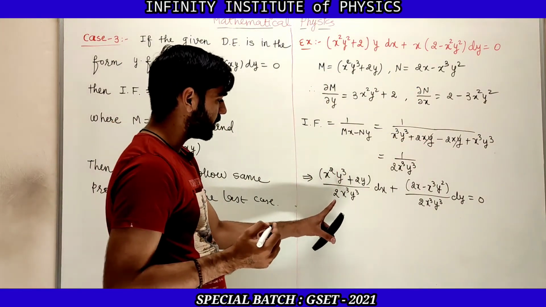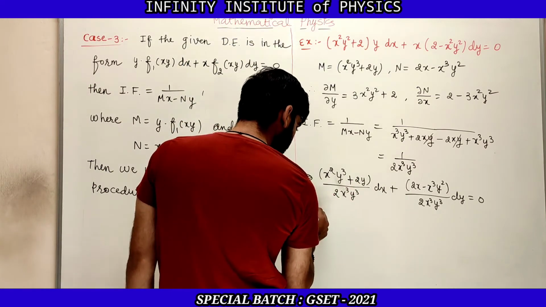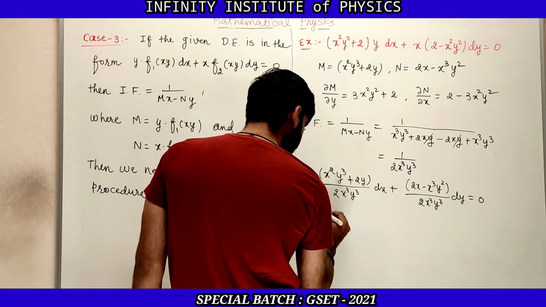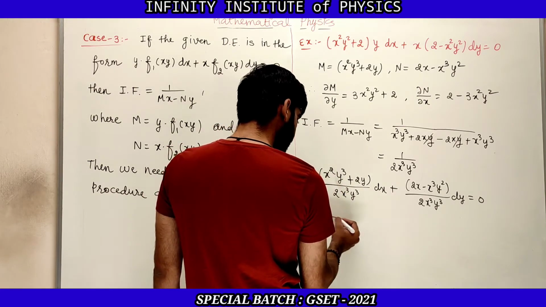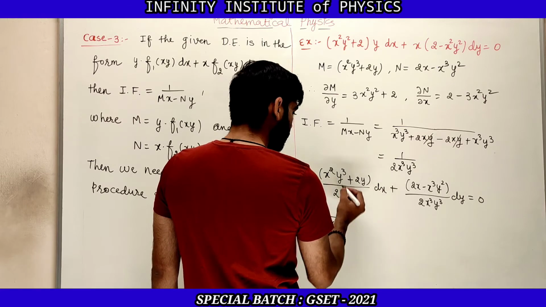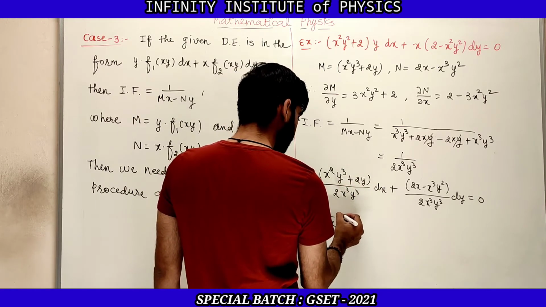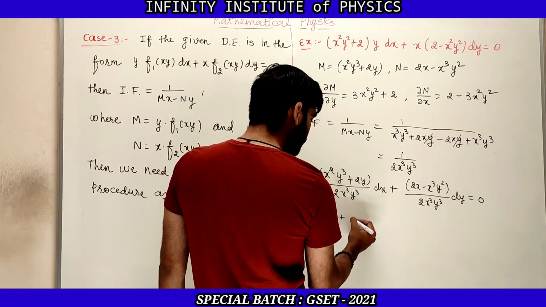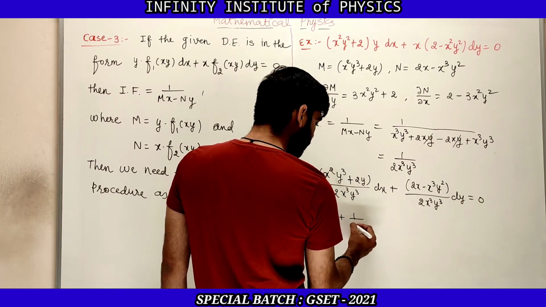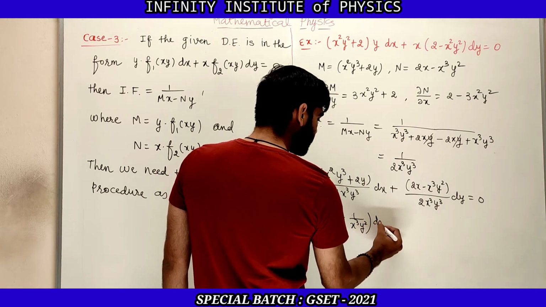Now dividing by the denominator, x square by x cube will be 1 by x, and y cube will cancel out, so it is 1 by 2x, and in the second term y will cancel out, 2 will cancel out, then the remaining term is 1 by x cube y square dx.